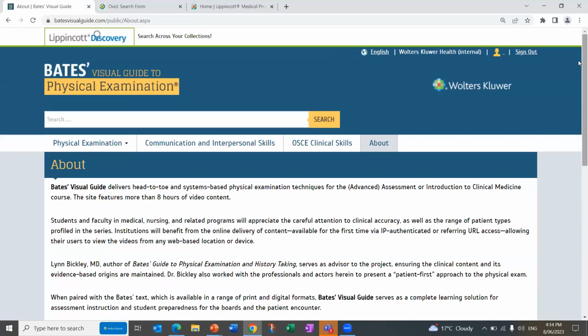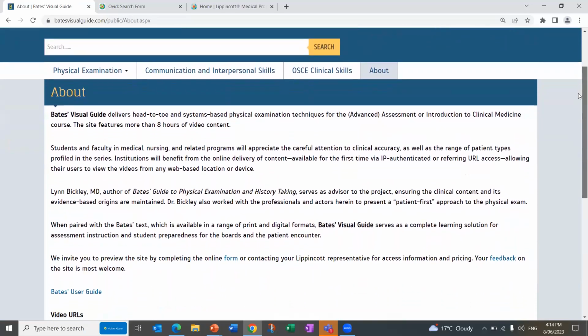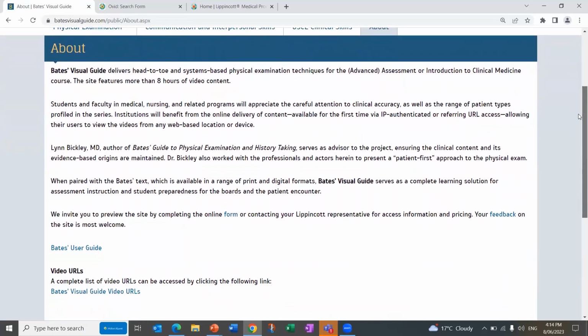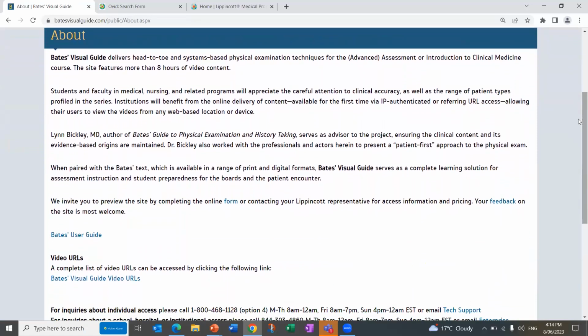this area within the software, this is the About section, which tells me about this content. And often these pages are free to look at. So these are public pages that we offer here. As a part of this content on this screen, it describes where this content comes from. This has been created by an individual author and her group to offer you information about the patient encounter, the sorts of things you might need to know if you were going to go through the process of examining a patient.